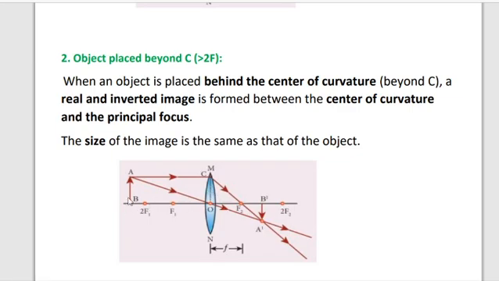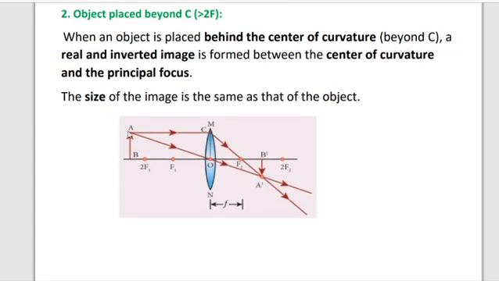So here we place the object, AB is the object. When an object is placed behind the center of curvature, a little before C, behind it, then the real and inverted image is formed between the center of curvature and the principal focus.